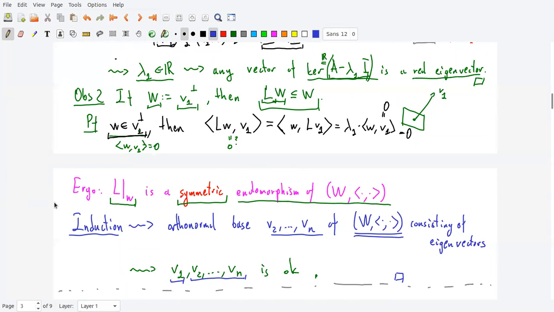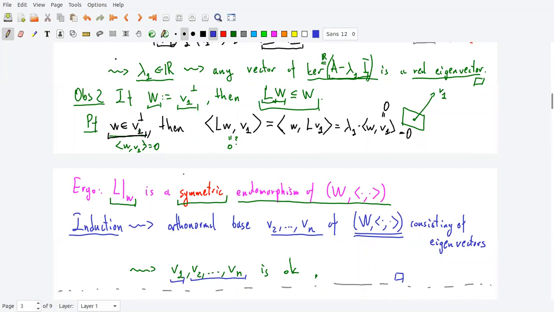Are there any questions about this proof? Otherwise, if you are happy with the proof, please put a +1 in the chat. Okay, I see quite a number of +1, so I hope that this is okay.